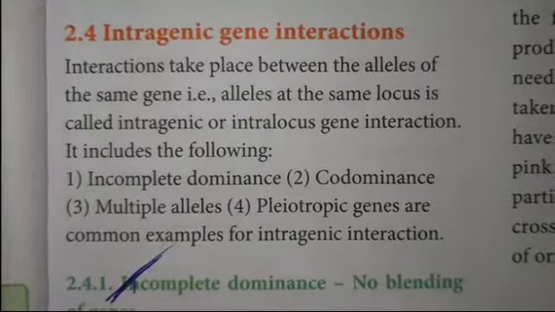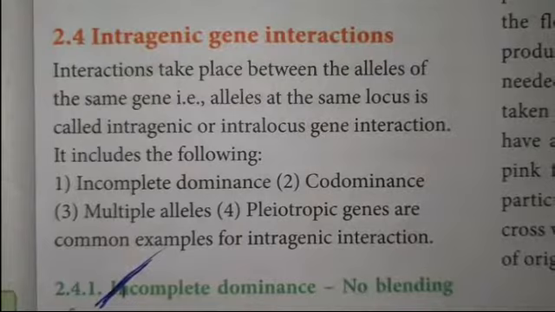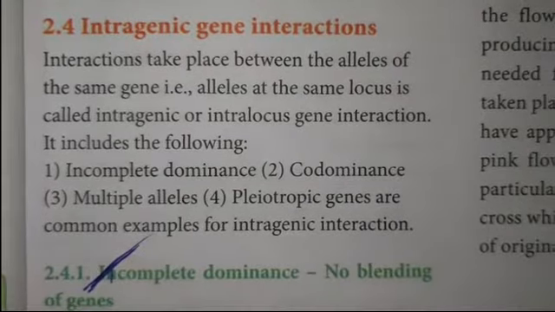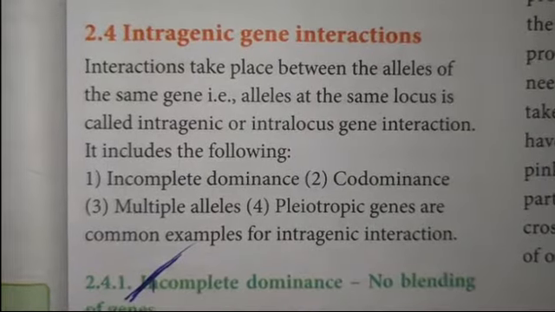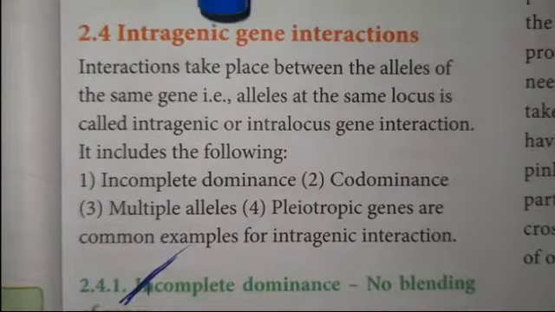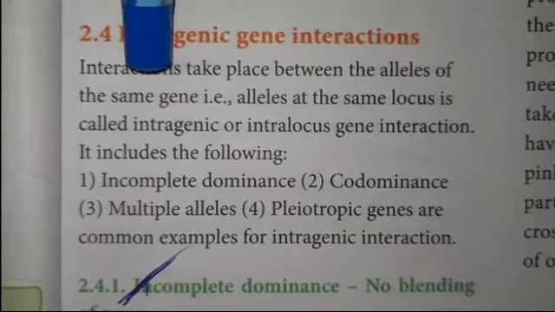The next topic is intragenic interaction. The intragenic interaction is also called intraallelic or allelic interaction. It is also called intralocus interaction because here the interaction takes place between the alleles of the same gene.